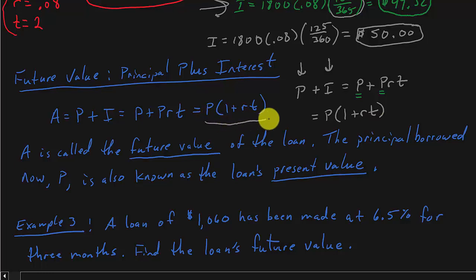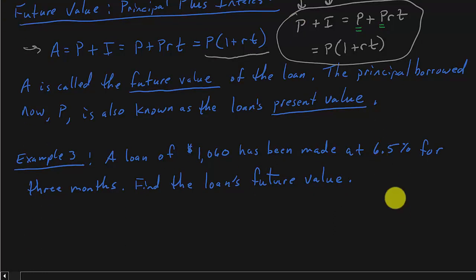And that's where this formula comes from. So that's your future value, the principal plus the interest. And that formula is P times 1 plus RT. It's a formula; you can memorize it, but if you don't, this is how you can get it. All right, so let's look at example 3.